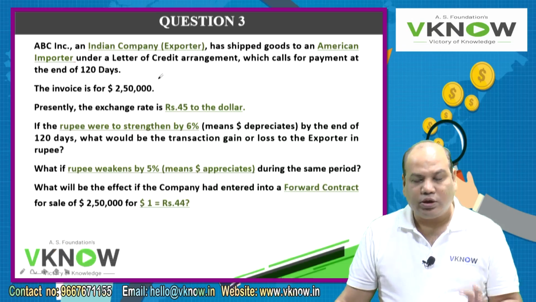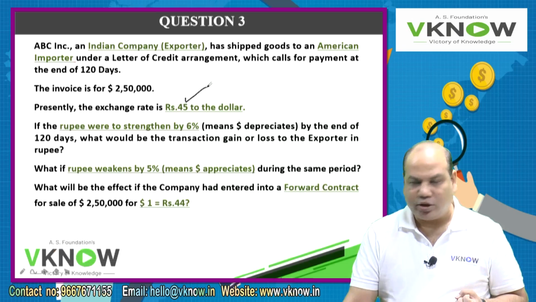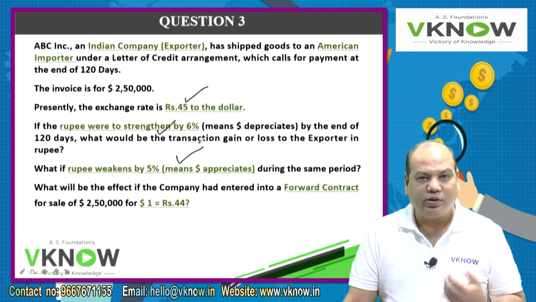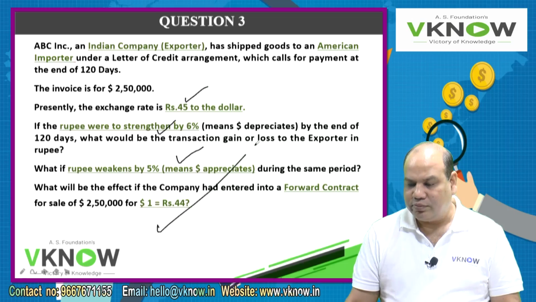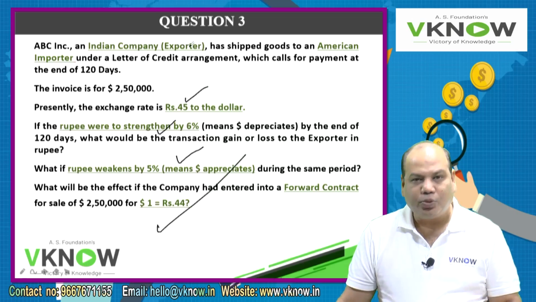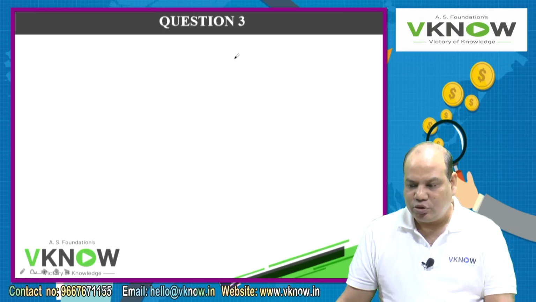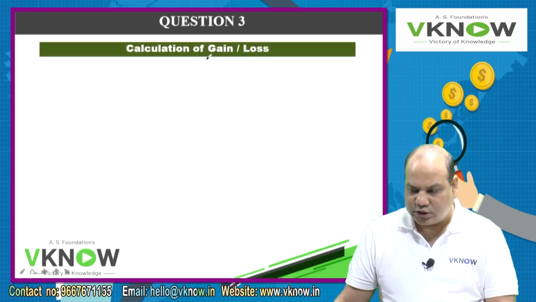So I need to know what is the amount I would have received as per spot rate. What amount I will receive if rupee appreciates 6%? What amount I will receive if rupee depreciates 5%? What amount I will receive if I enter into a forward contract? The question is from the point of view of an exporter. Exporter will receive foreign currency and he has to convert into home currency. So he is exposed to the risk.